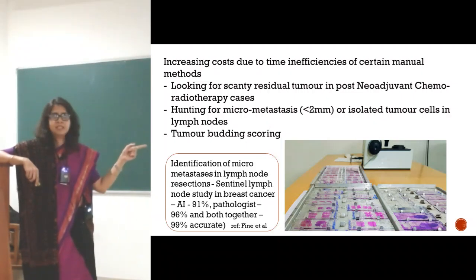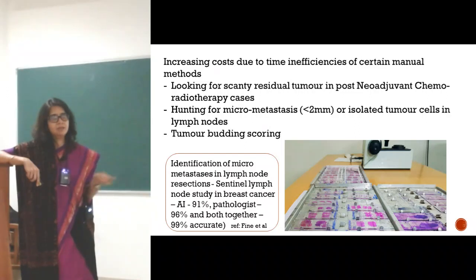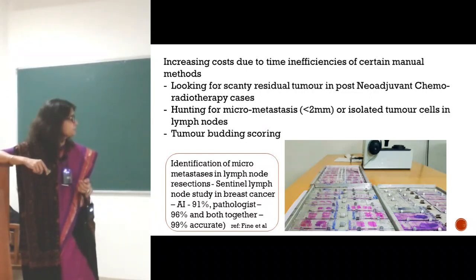It's very tedious, it's a lot of hard work, and we can miss a tiny focus of tumor if we are not very diligent and careful. So these are areas where there is no fatigue in machines, and if we can digitize these and use computational techniques to help us diagnose, then we will save money and get accurate diagnosis.